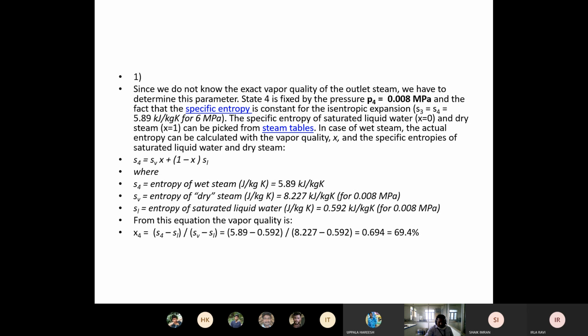If you simplify it, we get x4 is equal to (S4 minus Sf) by (Sg minus Sf), that is (5.89 minus 0.592) by (8.227 minus 0.592). If you substitute all the values in that expression, we will get x4 as 0.694.